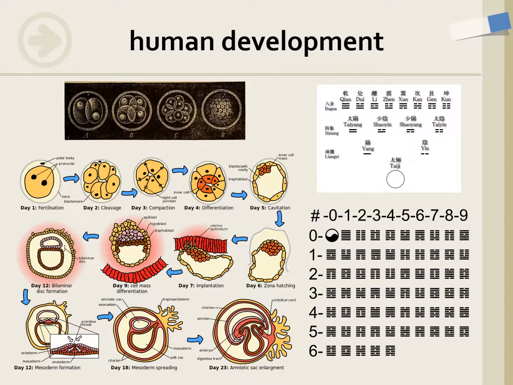Human development is like a process to generate hexagrams. From one cell, 2, 4, 8, 16 cells are generated. It is the stage of morula. It is not possible to make 16 cells by skipping the 4 cell stage.